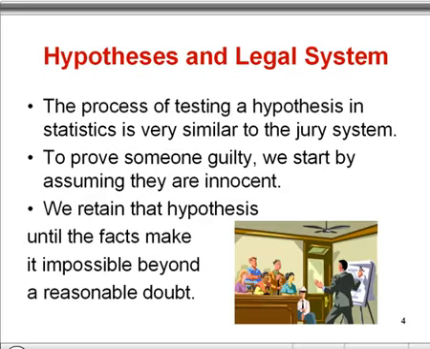The seatbelt example illustrates the reasoning behind all tests of significance. First, we will assume that nothing is going on. For me, the analogy to our legal system helps make the process clearer.